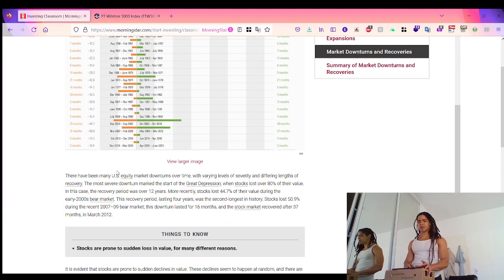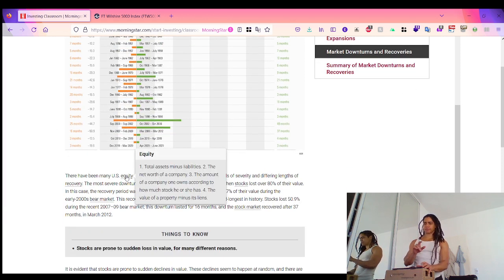So yeah, there have been many U.S. equity downturns. Equity is the total assets minus liabilities. So what is really left to you? An example of this is, let's say you earn $1,000, right? And your liabilities are your responsibilities, the duties that you have.